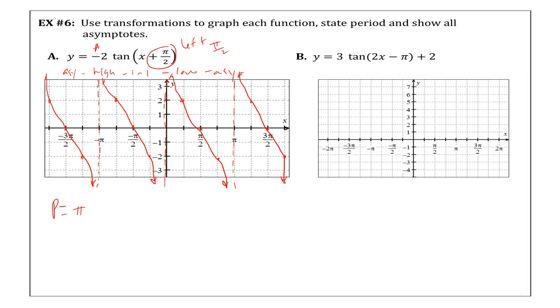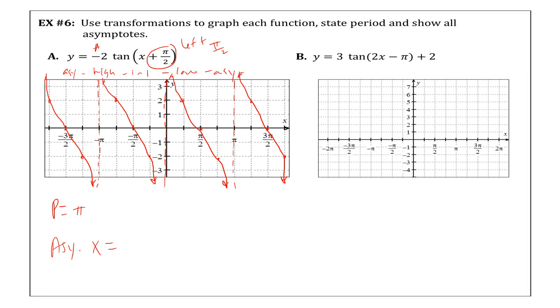So we have our graph, and it says we're going to state our period and all of our asymptotes. Well, our asymptotes now, we're going to establish the pattern of where our asymptotes happen. So our asymptotes are at x equals, and this time it's at all of our multiples of pi. Notice we're at negative 1 pi, 0, positive 1 pi.